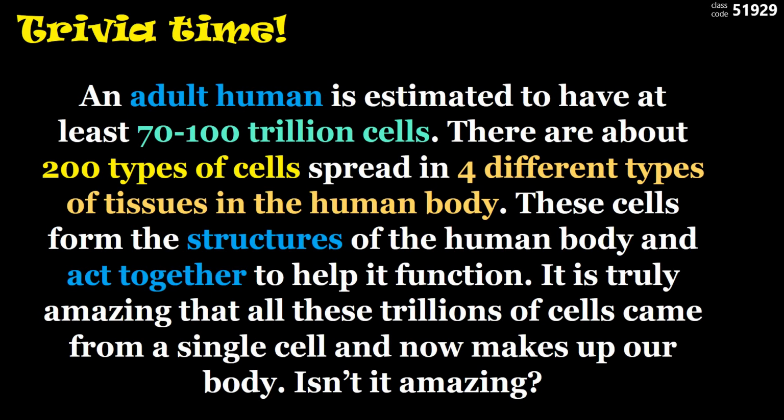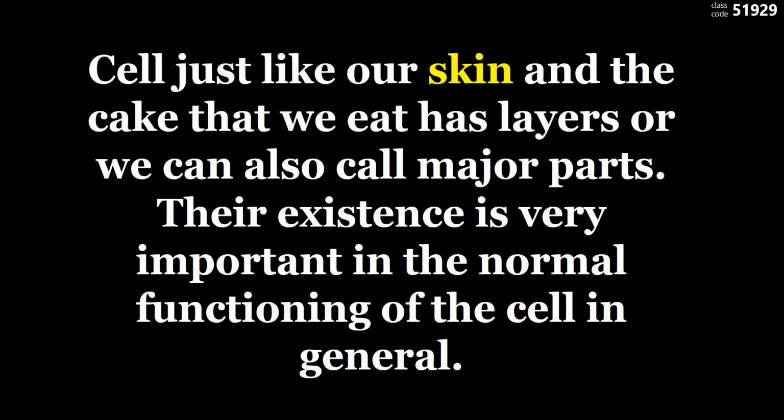It is truly amazing that all these trillions of cells came from a single cell and now make up our body. Isn't it amazing? Cells, just like our skin and the cake that we eat, have layers, or we can also call them major parts. Their existence is very important in the normal functioning of the cell in general.